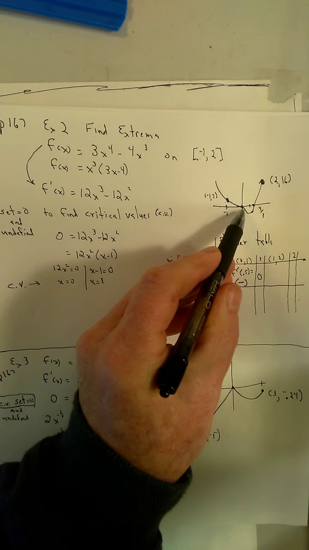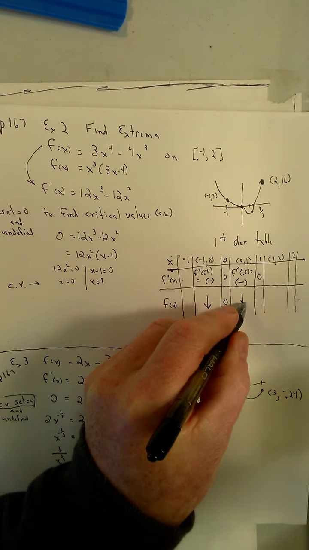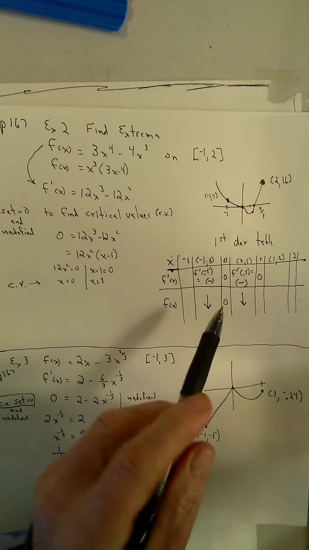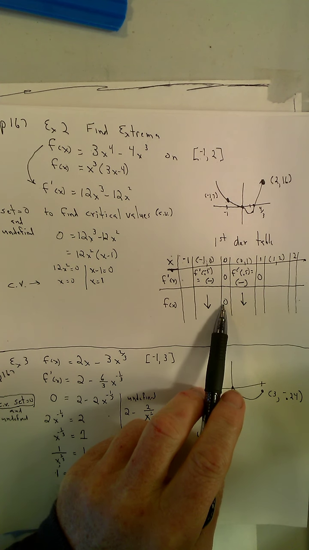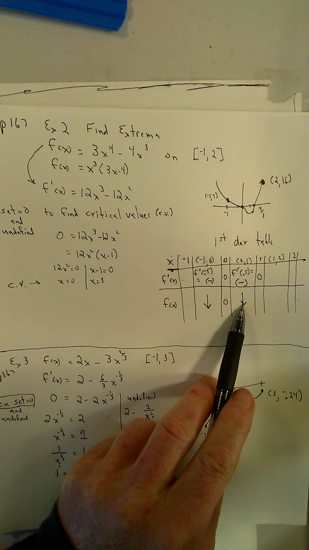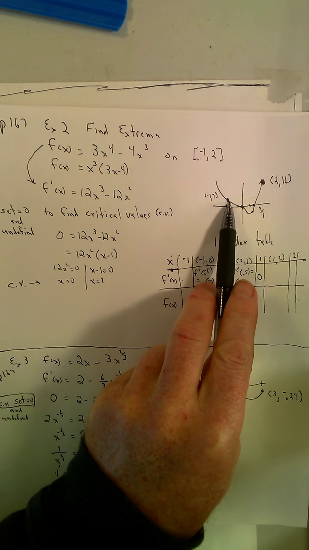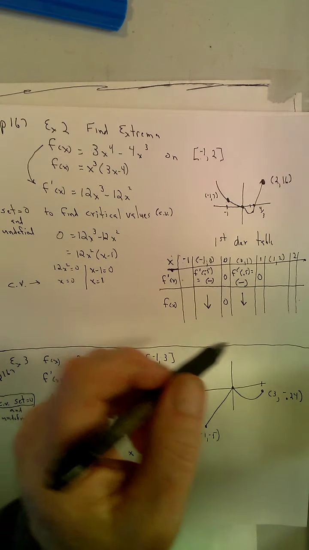Pick a number between 1 and 2. There's 1 and there's 2. Notice right here, the function's increasing, but if I take a number like 1.5 and plug it into the derivative, I'll get a positive value. So if the tangent lines are positive, the function must be increasing.